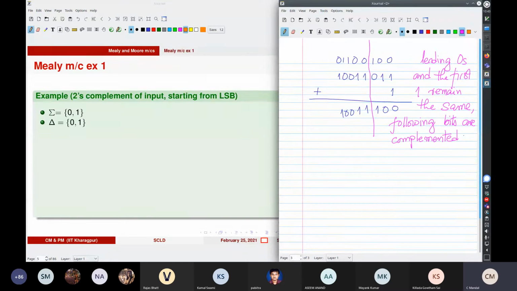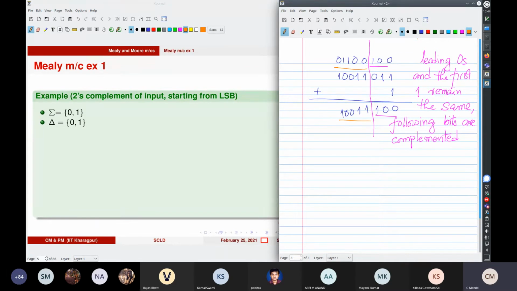The subsequent bits are complemented, isn't it? As you can see, these remain the same and the subsequent bits are complemented.